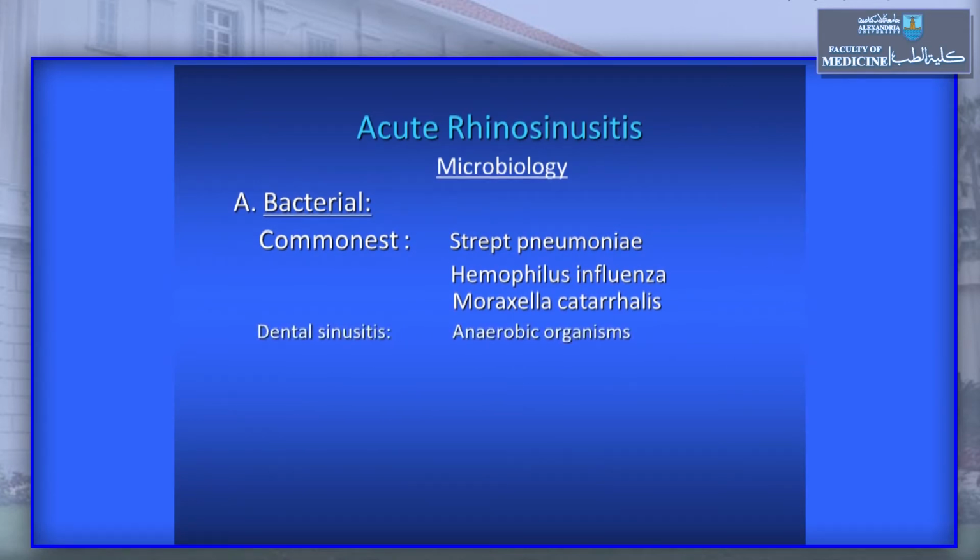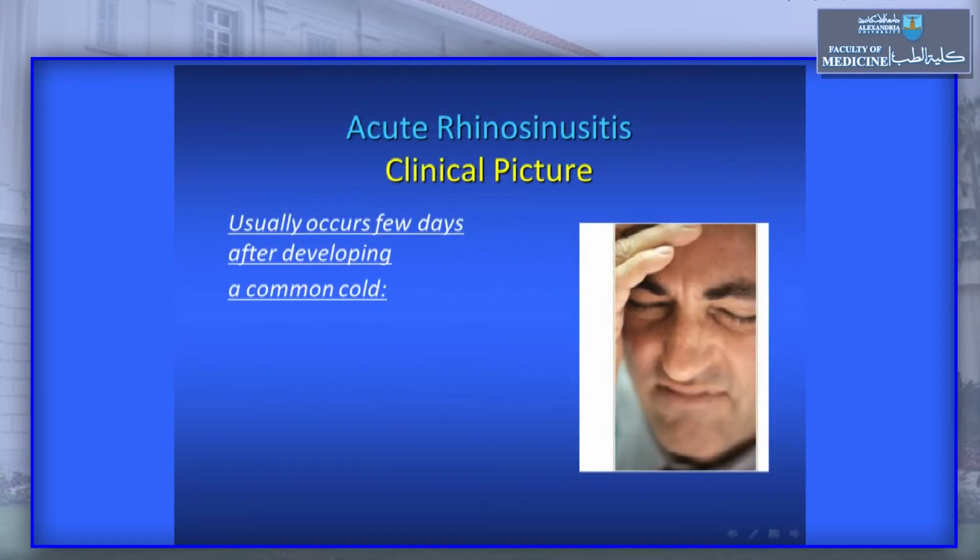In sinusitis of dental origin, anaerobic organisms are usually the underlying pathogen. Very rarely, fungal acute rhinosinusitis can occur. This usually occurs in immunocompromised patients, and the disease runs a short fatal course, and it is labeled mucormycosis.